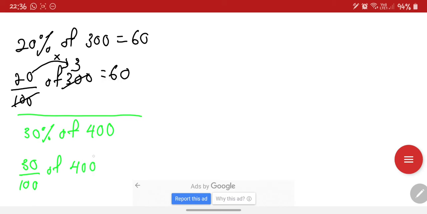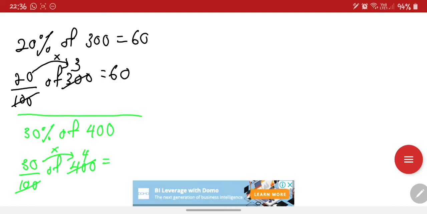Good. So it is the whole number divided by the denominator. Alright, so you will get 4, and you will multiply it with the numerator, and your answer is 120. So 30% of 400 is actually 120.